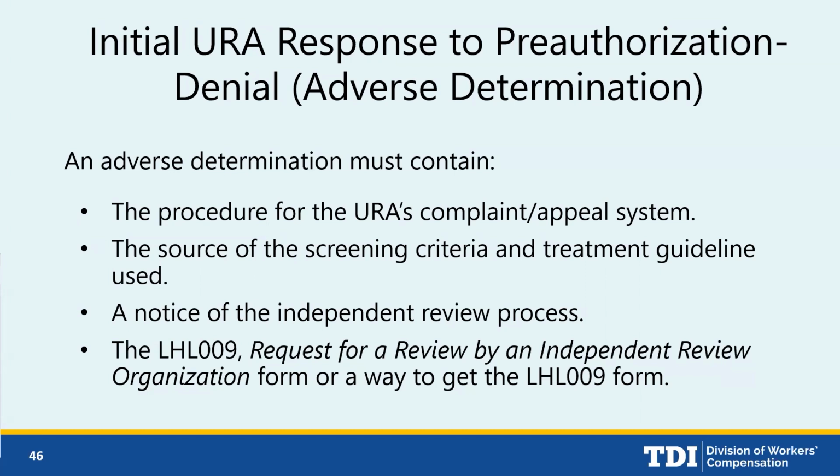And on the network side, what treatment guideline did they use? Also, information on the IRO process, because that would be next after your appeal. And the form LHL 009, that's a request for an IRO. Or they give you a link to get to that IRO form. You can also find it on our website under F for forms.